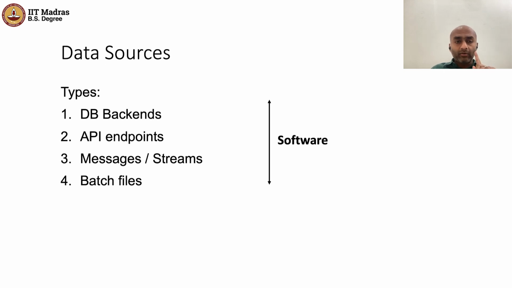But what is not kept in mind when the software gets designed is who will need to read this data at a later point in time for analytics. In other words, software is designed for a certain functional end use, and that functional end use is related to a business problem that is getting solved immediately by that software.